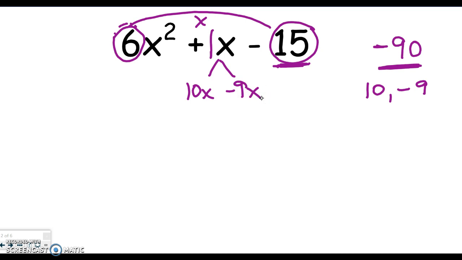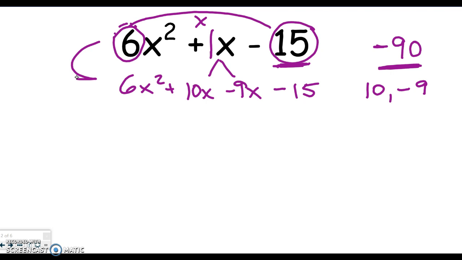So breaking that 1x up gives me another term, and I'm going to keep the other 2 on the end. Now I have myself a polynomial that has 4 terms. These 2 things are the same. They're not any different. But now I have 4 terms instead of 3 terms. I just have a 10x minus 9x, which if I combine that would be 1x.